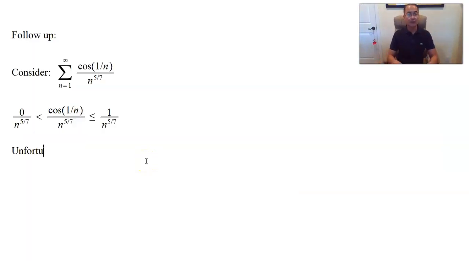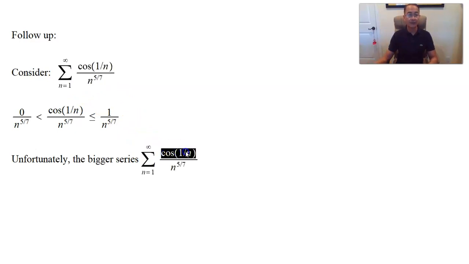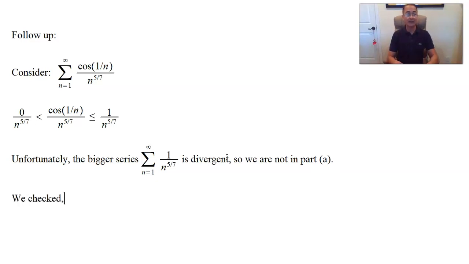Unfortunately, the bigger series, which is the summation of 1 over n to the 5/7, is divergent. So we are not in part A. We checked, we just did it. And we are not in part B either.